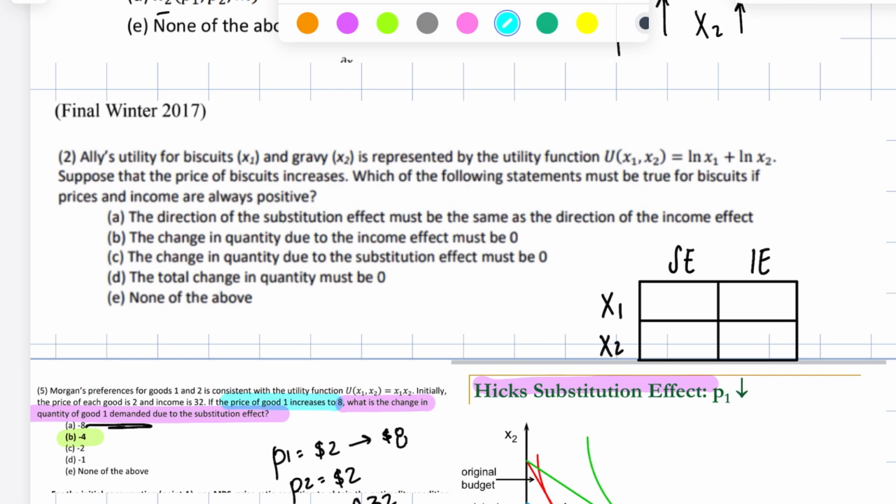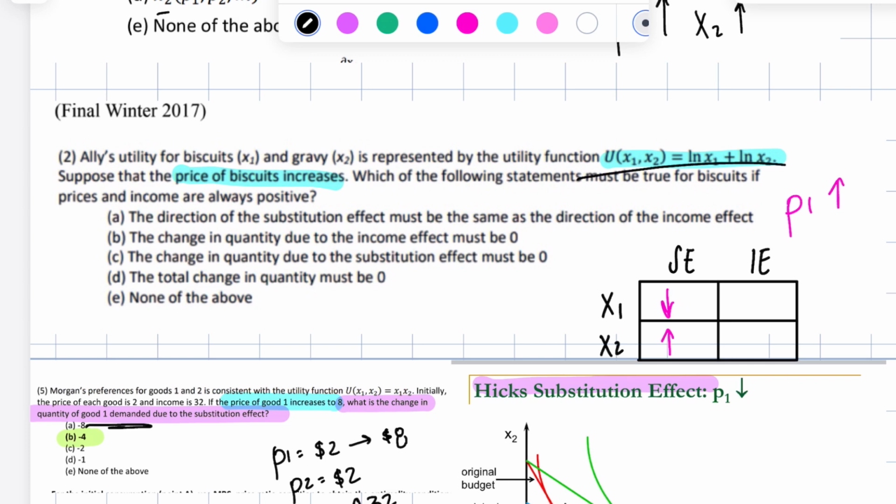Okay, for this question, we are told the utility function and that the price of X1 increases. So first off, we know with a price change how substitution effect works. Price of X1 goes up, this demand is going to go down, going the opposite of X1. Now, to figure out whether these goods are normal, we just have to derive the demand based on our utility function, since they don't give us any more information in the question.